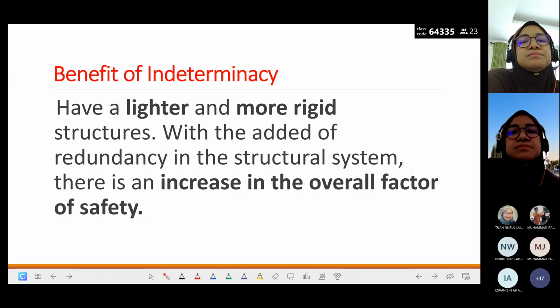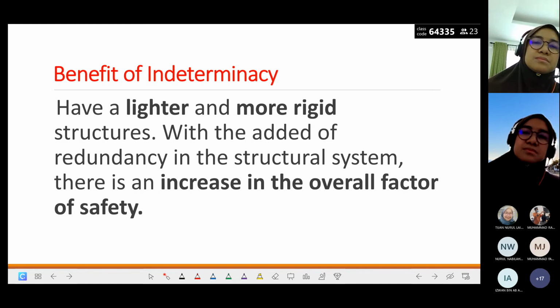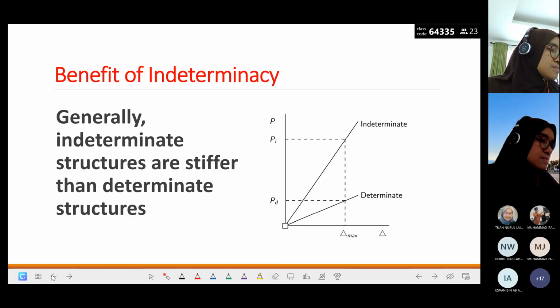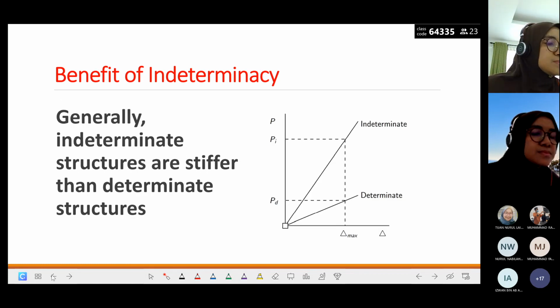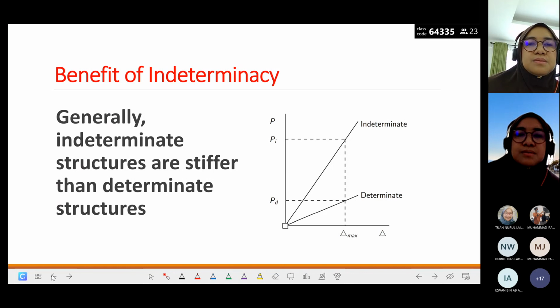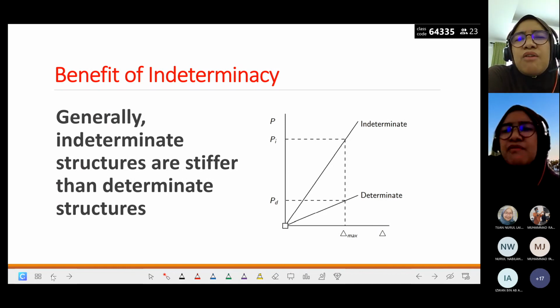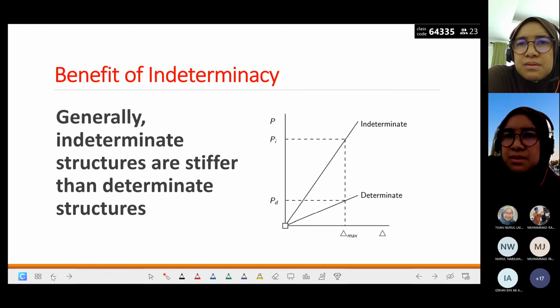What do you think? Do you have any idea about this? Do you understand the meaning of the word stiffer?